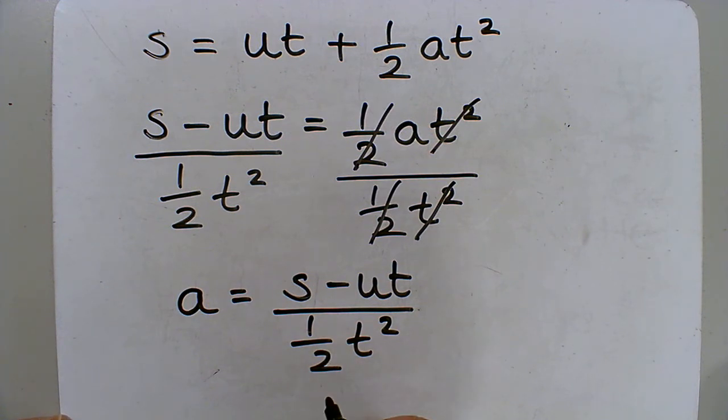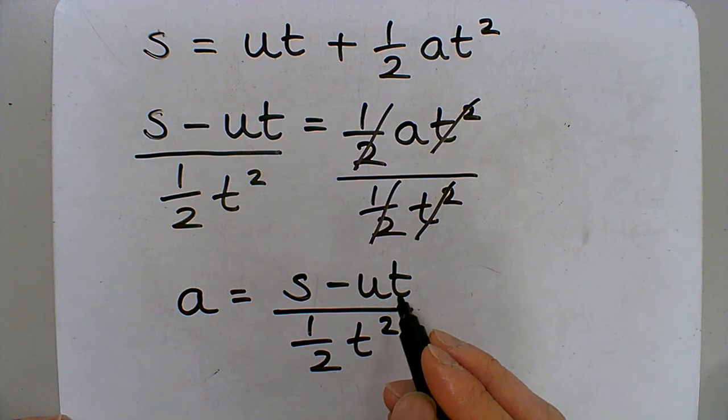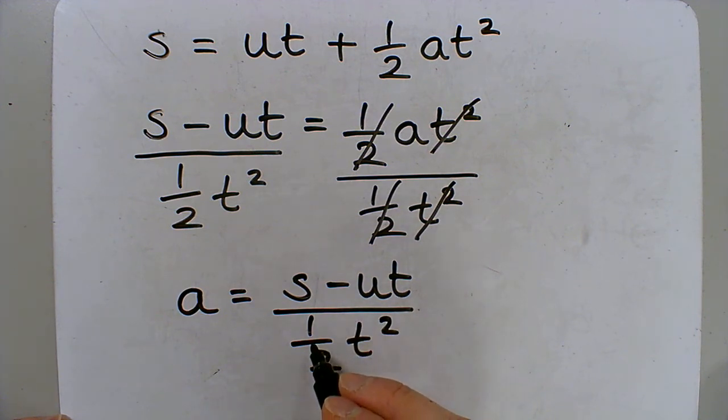The other thing I want to point out is that when you are doing calculations on your calculator, it's very easy to make a mistake by typing in the values S minus ut divided by half times t squared.